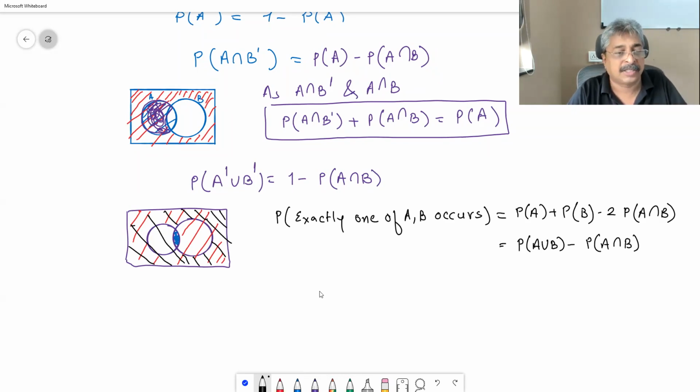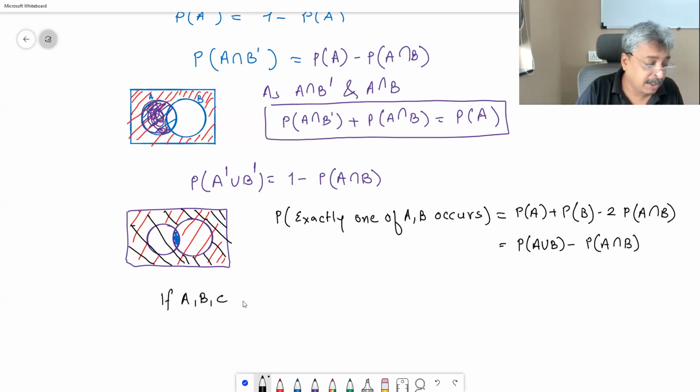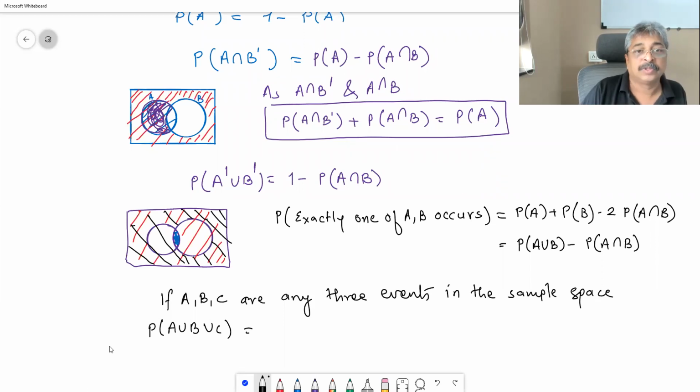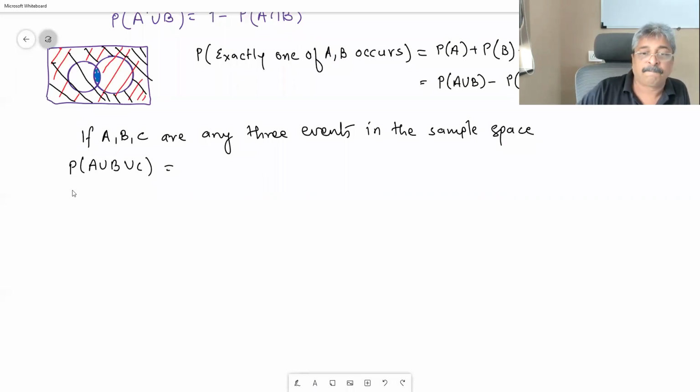Next, 3 elements, A, B, C. If A, B, C are any 3 events in the sample space, then the addition theorem says P of A union B union C is going to be equal to, write down, this is kind of the inclusion-exclusion principle.